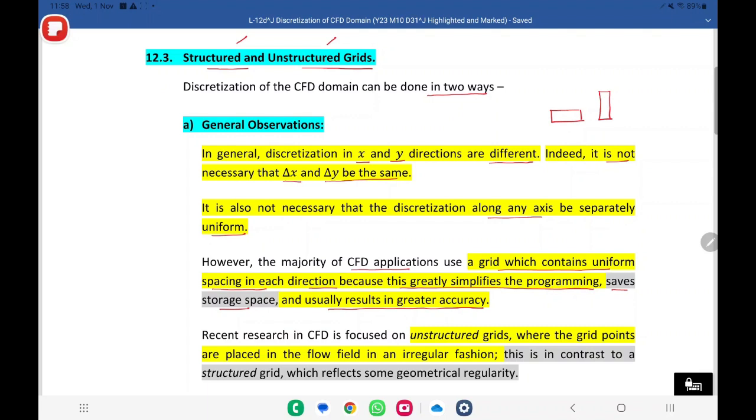If there is a pattern, you can give the equation. You can even have a quadratic equation for delta x increasing with x. But there should be some relation so that the computer can use it and find the coordinates of the cell. So either you give a relation or you give the values, right?